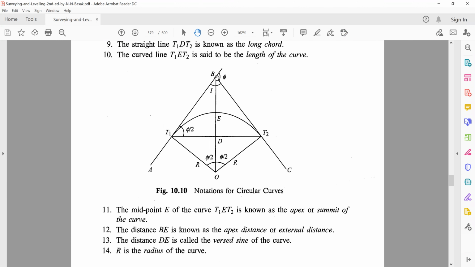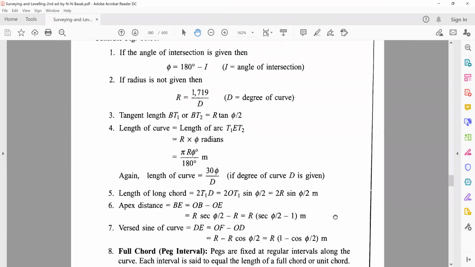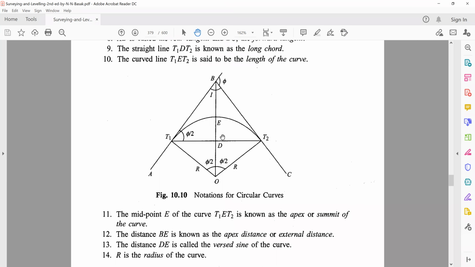Then we have the apex distance, which is BE, the distance from point B to point E. You can derive this, and the relation comes out to be R secant phi by 2 minus R, taking R common, R into secant phi by 2 minus 1. Then we have the versine of the curve, which is the distance DE.